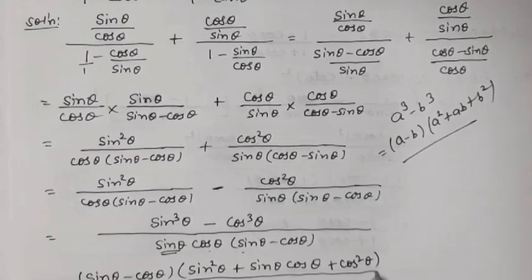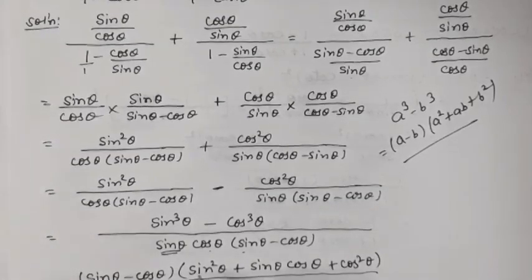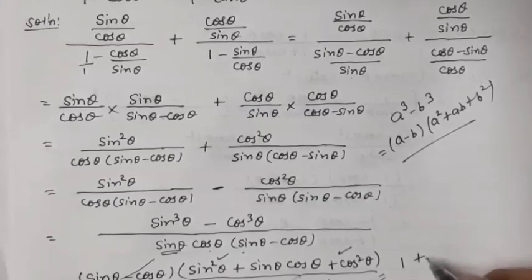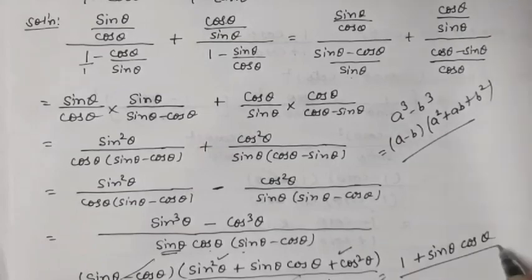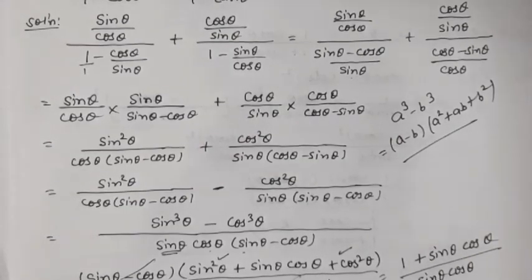What will be in the denominator? Like this. This is your sin theta cos theta. This is a very important question. All steps are very important. This cuts with this, and this sin square theta plus cos square theta is 1. So can I write here 1 plus sin theta cos theta upon sin theta cos theta?